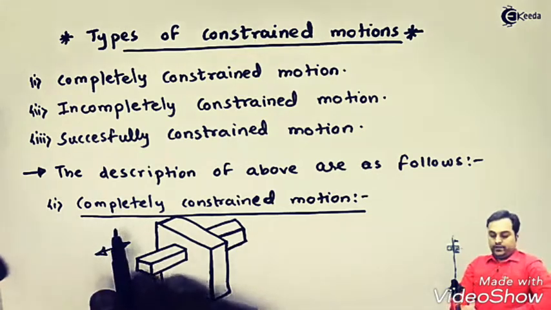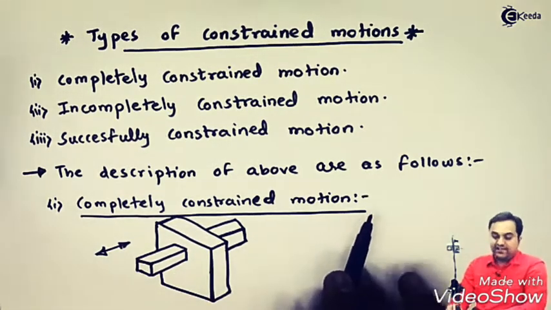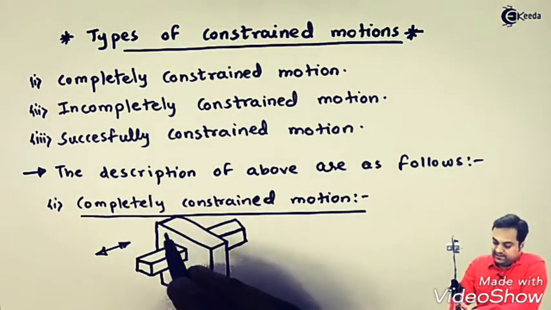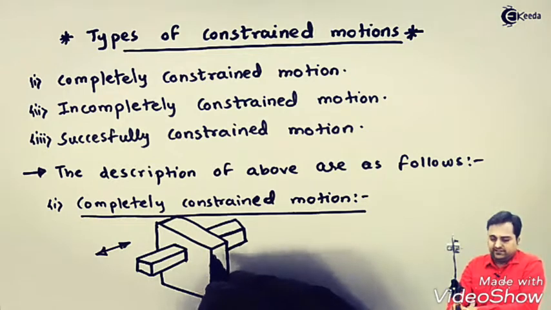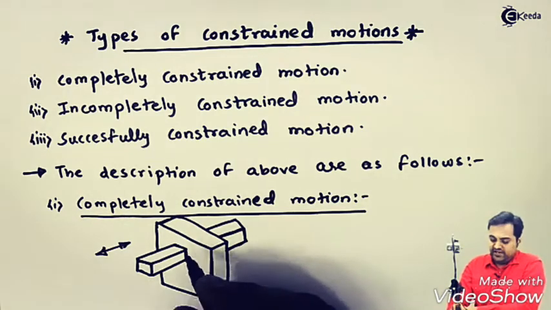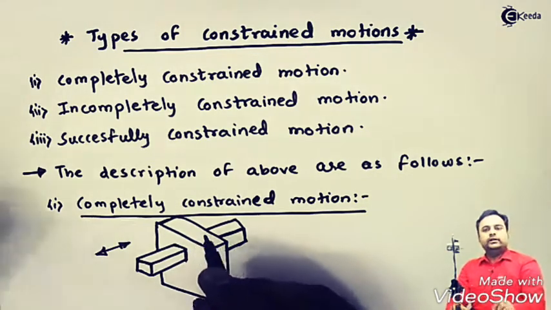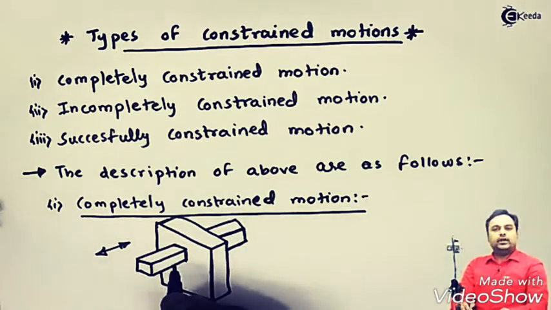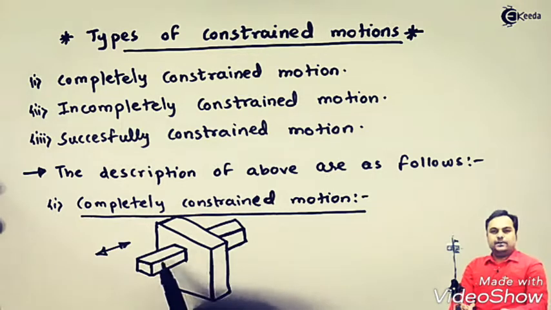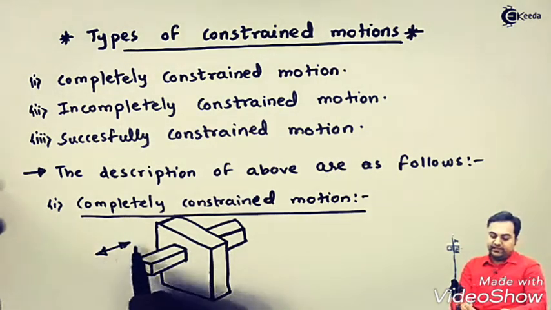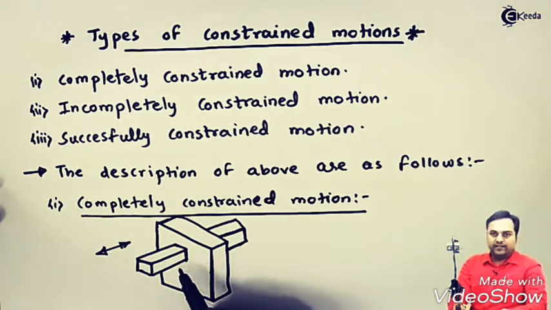Now, completely constrained motion can be explained in such a way, like if we have a square hole in one of the discs, that is this vertical disc, and we have a square bar. Now whatever is the direction of force applied, this square bar will only reciprocate inside this square disc.